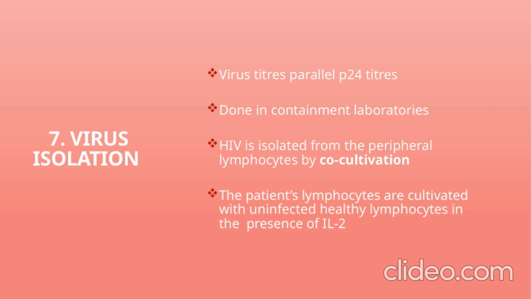Essentially, we take the patient's lymphocytes and grow them together with uninfected, healthy lymphocytes. This is done in the presence of IL-2, which promotes lymphocyte growth and activation. This method allows us to effectively isolate the virus, providing crucial material for further analysis. Overall, this process is critical for understanding HIV's behavior and for developing diagnostic and therapeutic strategies.